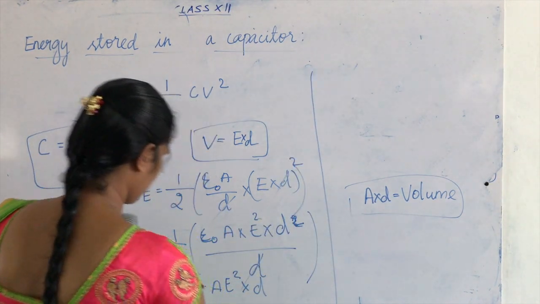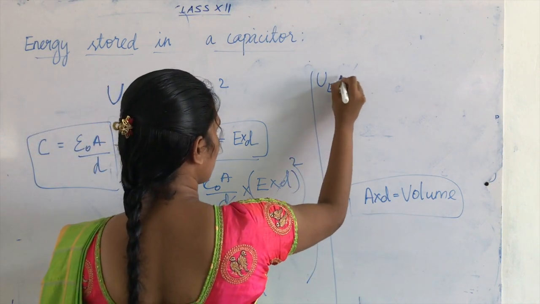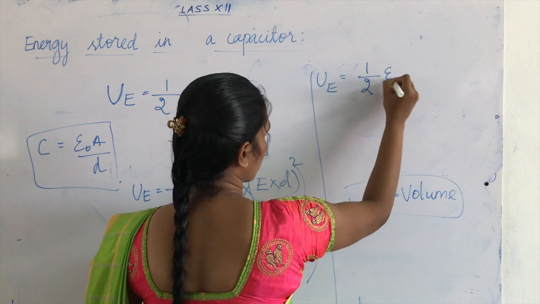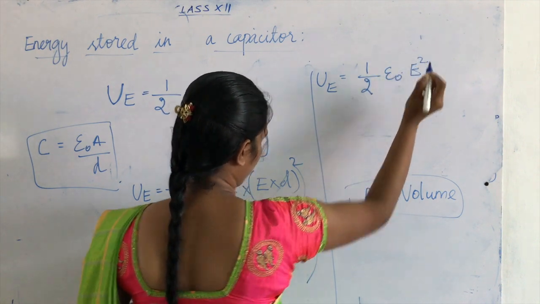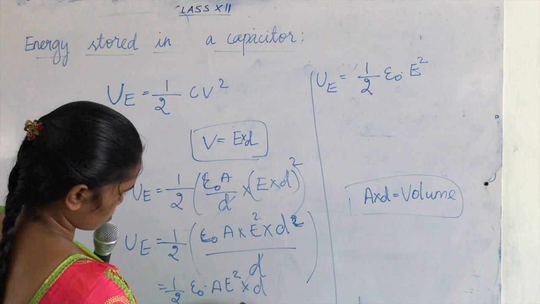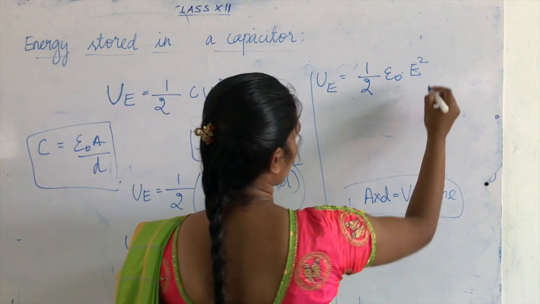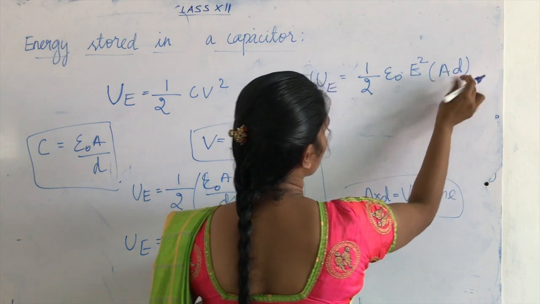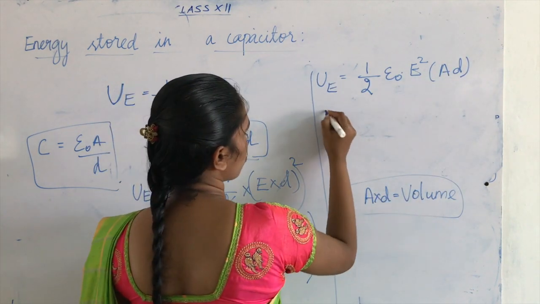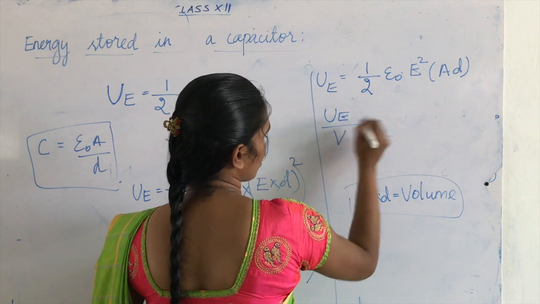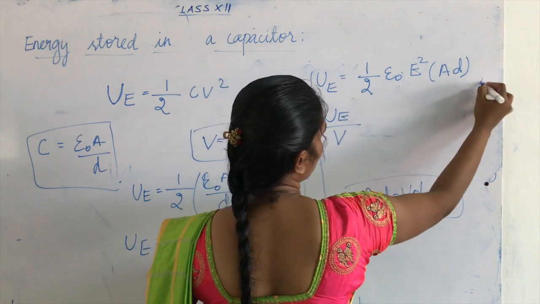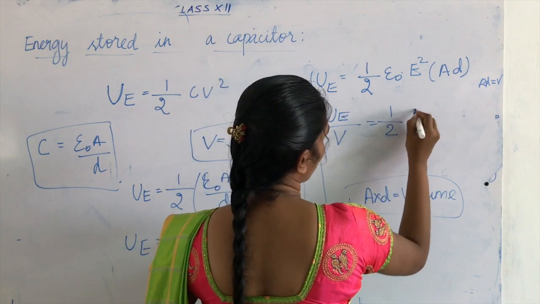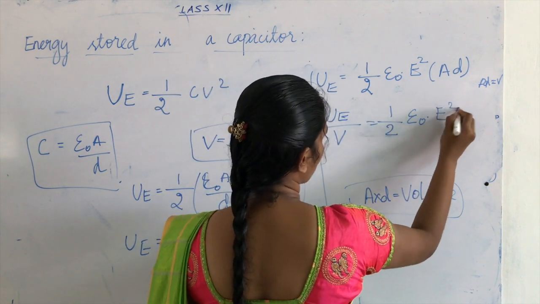I'm writing here: UE equals 1 by 2 epsilon naught E square into AD. This AD is the volume, so UE by V equals 1 by 2 epsilon naught into E square.